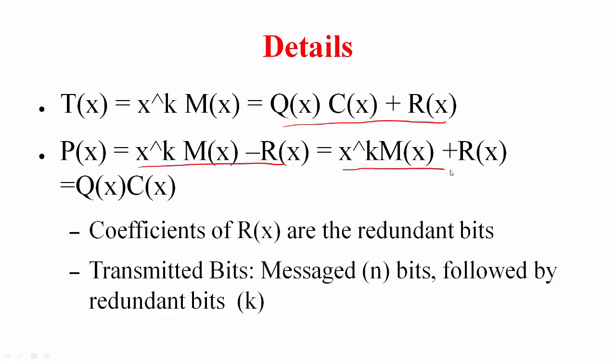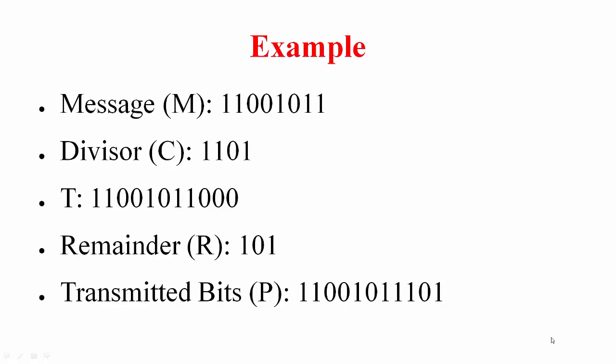So this turns out to be this, which in turn is equal to QxCx, which makes Px exactly divisible by Cx. So the coefficients of this remainder polynomial are basically the redundant bits which you add to the message bits and transmit.